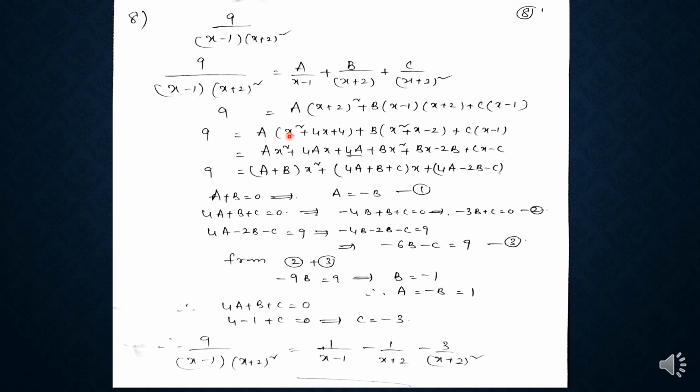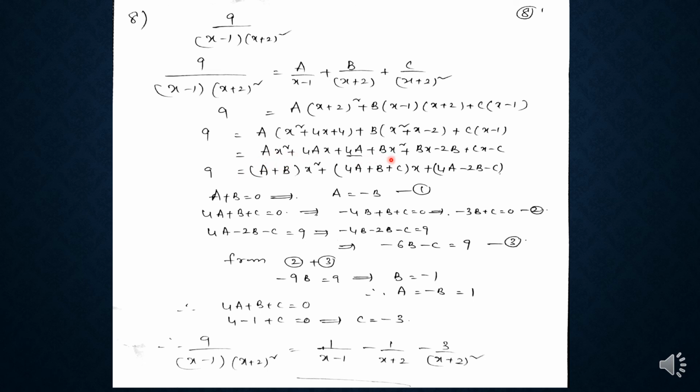So 9 is equal to a into, by expanding these terms, x square plus 4x plus 4, plus b into x square plus x minus 2, plus c into x minus 1. Now writing the terms here, ax square plus 4ax plus 4a plus bx square plus bx minus 2b plus cx minus c.